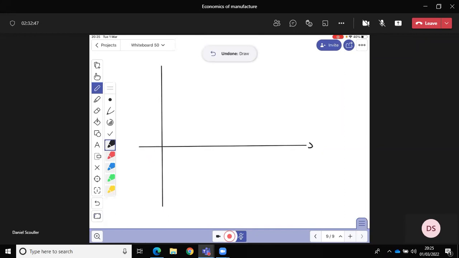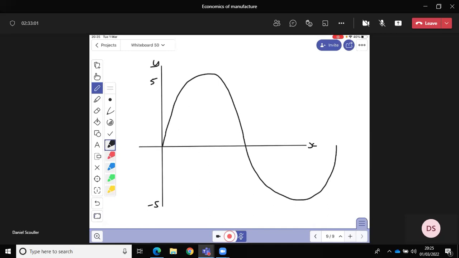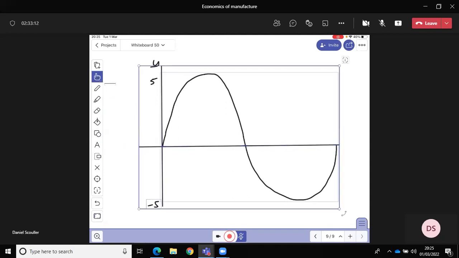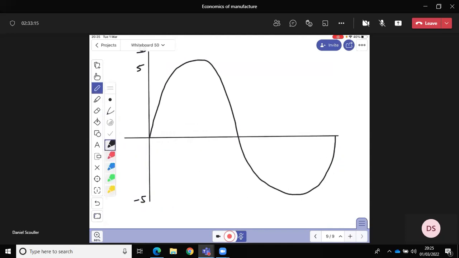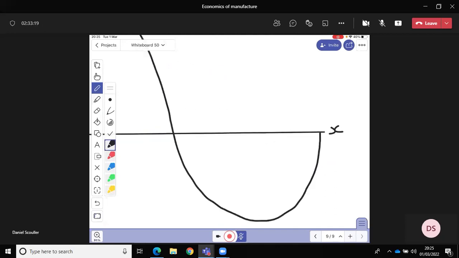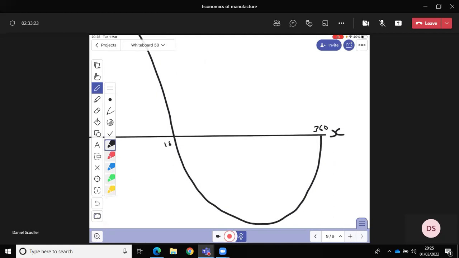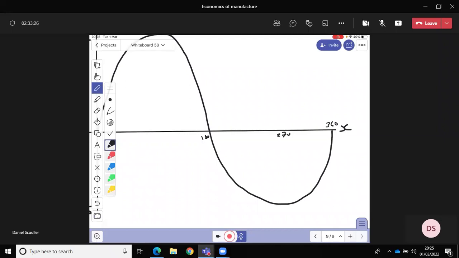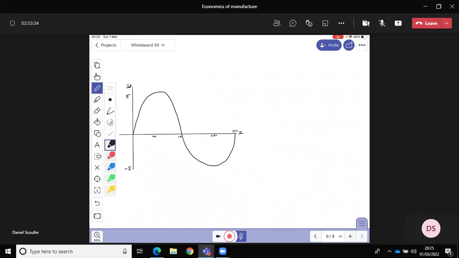X, Y, max at 5, minimum -5. On your milestones, 360, 180, 270, 90.